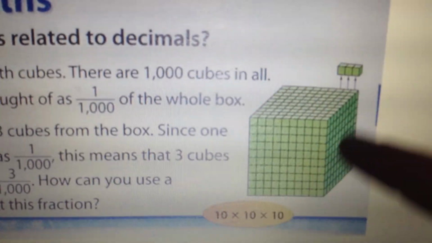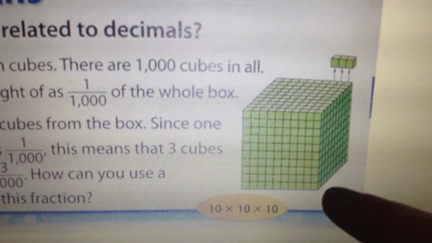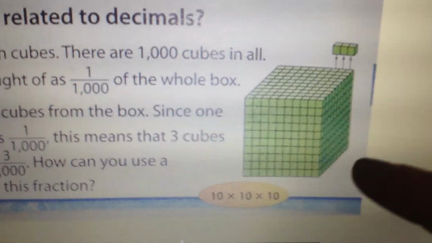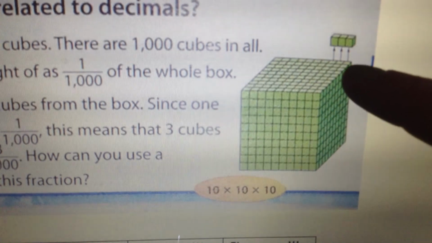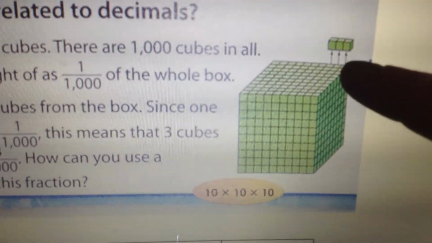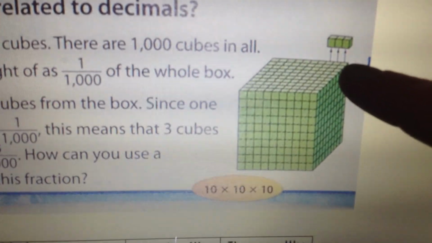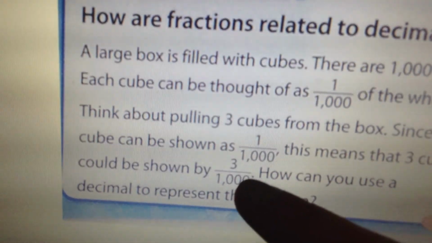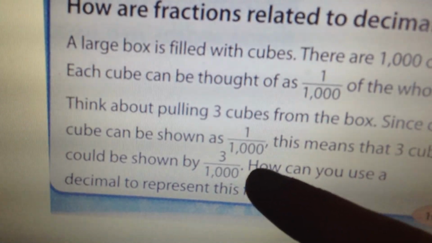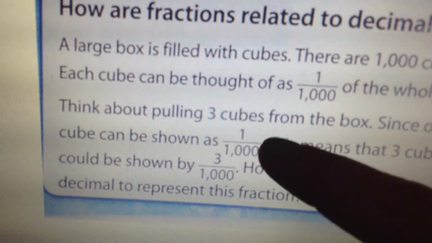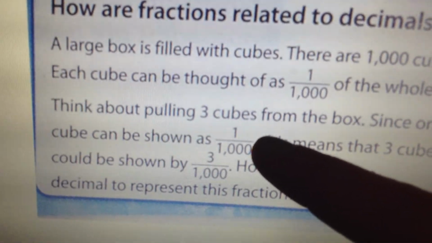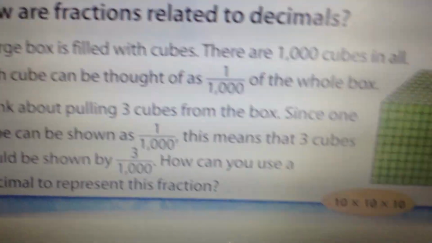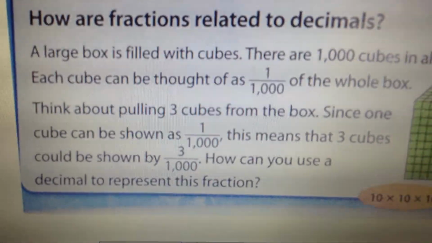So this box represents 1,000 units, 1,000 little tiny pieces. If I had 3 of those, that's what they're representing right here, 3 out of those 1,000 pieces would mean that I have 3 thousandths represented by this fraction. If I only had 1 piece, it would be represented by 1 thousandth. So you can see how we just keep getting smaller and smaller and smaller.